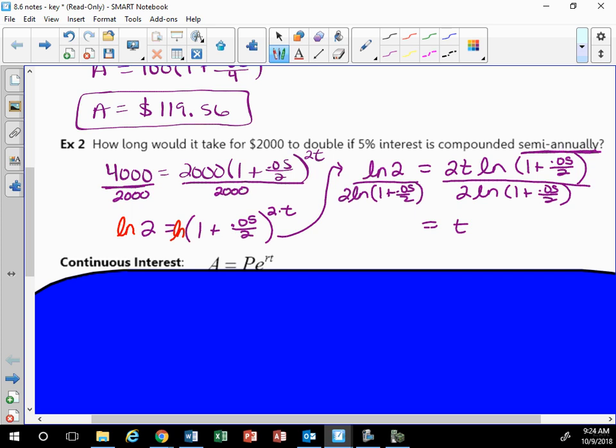Now you're going to use your calculator for the left. I would use your fraction key. Do you guys see the natural log key?